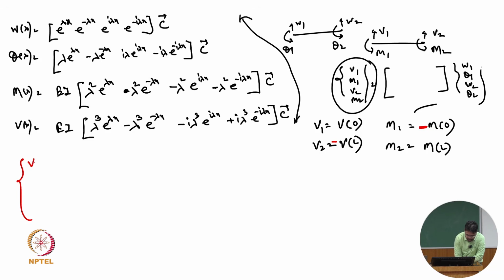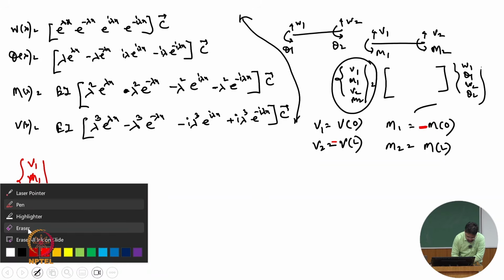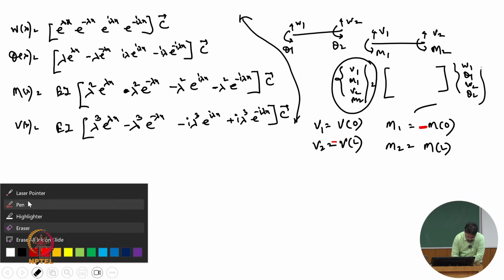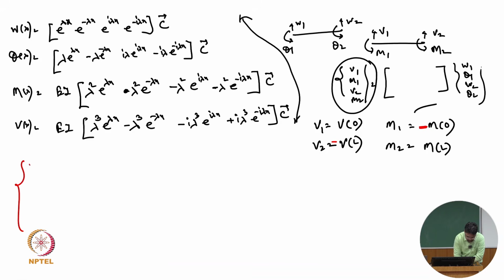So now think how I am writing it. I am just putting V1, M1, V2, M2. Or I should not write it like that, just a minute. V0, M0, VL, ML. EI I can take as common.